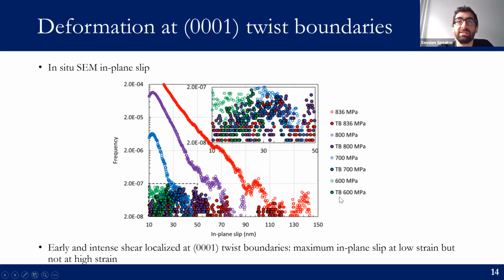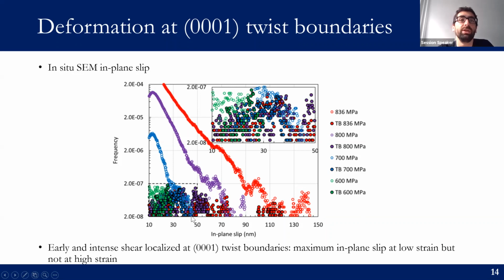At the first loading step, that corresponds to 600 MPa, as indicated with the green dots, the highest in-plane slip values correspond to twist boundaries, while at higher applied stress values, the maximum in-plane slip values do not correspond to twist boundaries.